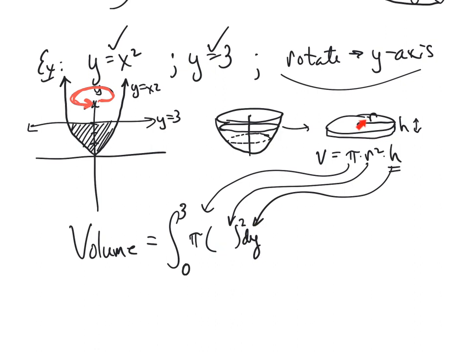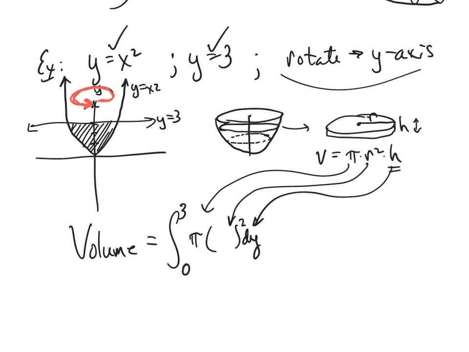Well, what I'd ask you to notice is that the radius for our single disk over here is side to side, horizontal. And if something is horizontal, how do we want it to read? We want that to read then as x equals, right? If it's side to side, if it's left and right, that has to read as x equals.